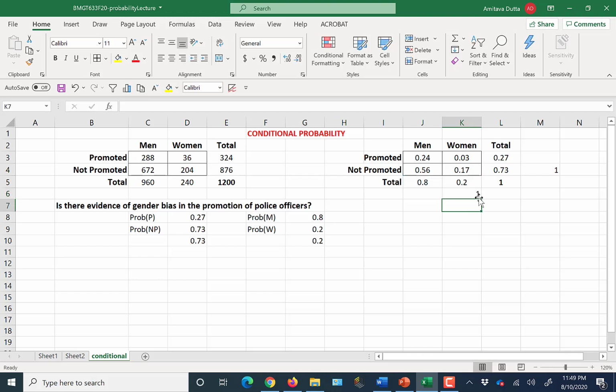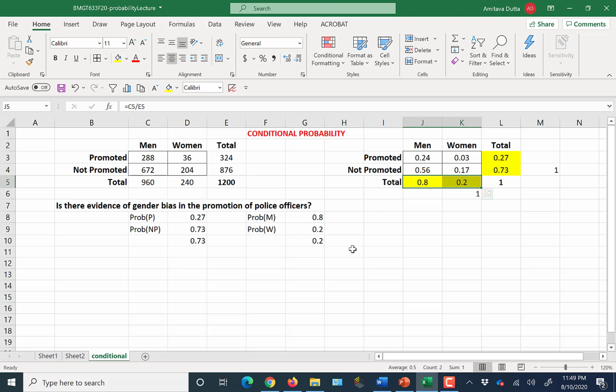All right. So let me now color code the probabilities on the sides next to the total. Let me shade that in yellow. These four probabilities are what are called marginal probabilities because they are being computed at the margins of the table.